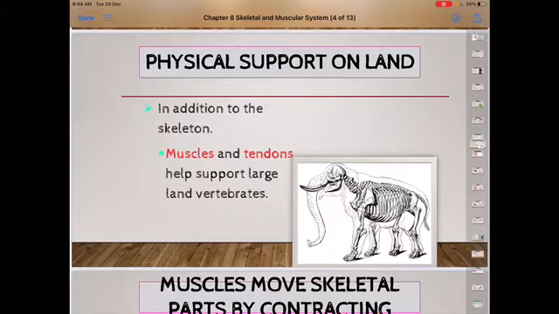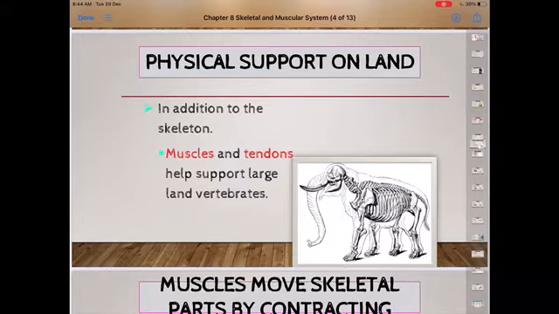Okay, now we go into the physical support on land animals. What other physical support do mammals, especially large mammals, need in order to bear their weight? The muscles and tendons are very important for stability in this kind of large mammal. What is tendon? Tendon is connective tissue. Connective tissue means it connects one to another.